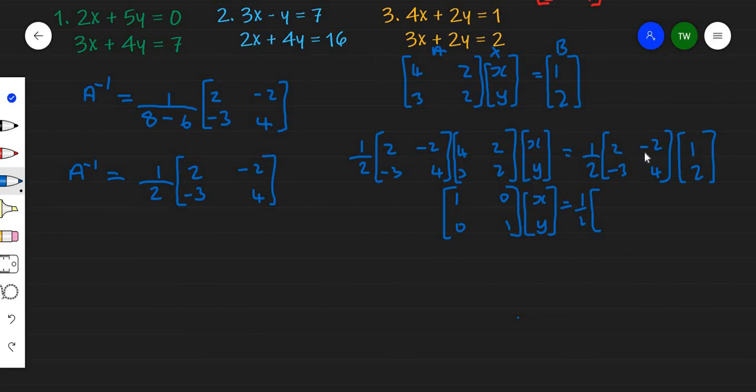So it's going to be 2 times 1, that's going to give us 2, plus negative 2 times 2, that's going to give us negative 4. You can always put your negative number in a bracket. Then it's going to be negative 3 times 1, that's going to give us minus 3, plus 4 times 2, that's going to give us 8. Now the identity matrix times xy, that leaves us with x, y.